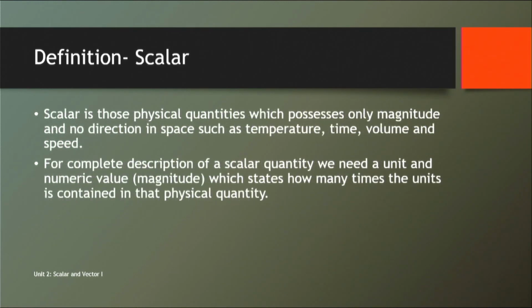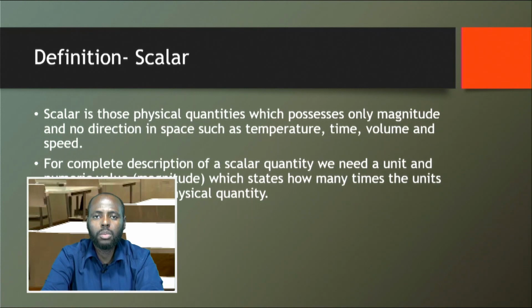So what do we mean by scalar? Scalars are those physical quantities which possess only magnitude and no direction in space, such as temperature, time, volume, and speed. One way to look at it is that when we say speed, we mean distance over time without requisite knowledge about its direction.